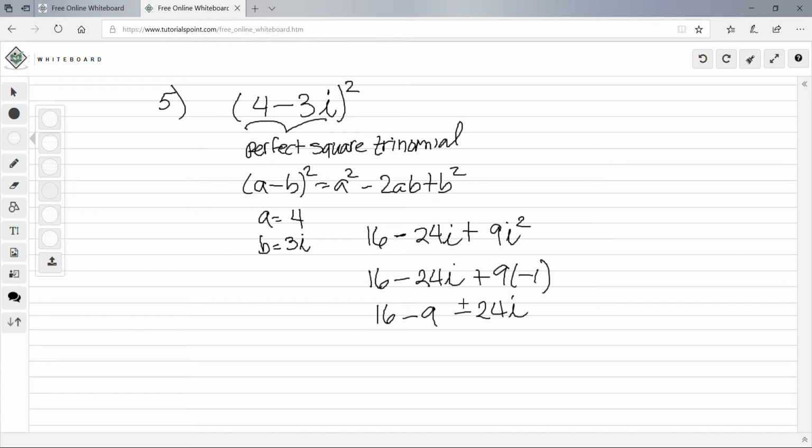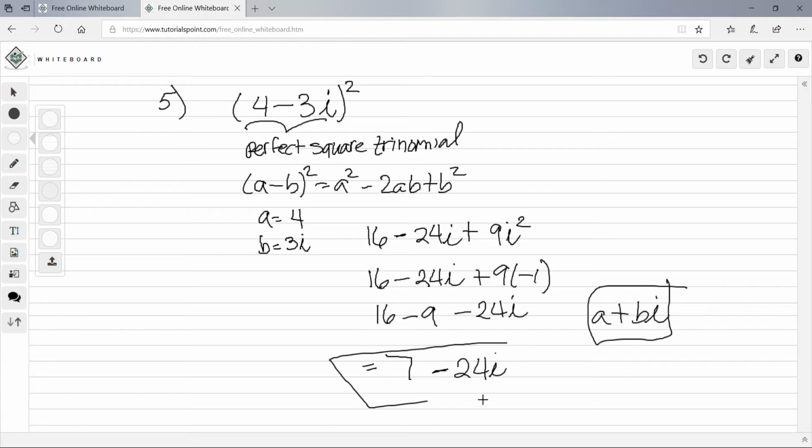I'm going to put the numbers first and then the i second because we want it in A plus Bi form. So 16 minus 9 is 7, and then you're just left with negative 24i. That is your final answer.